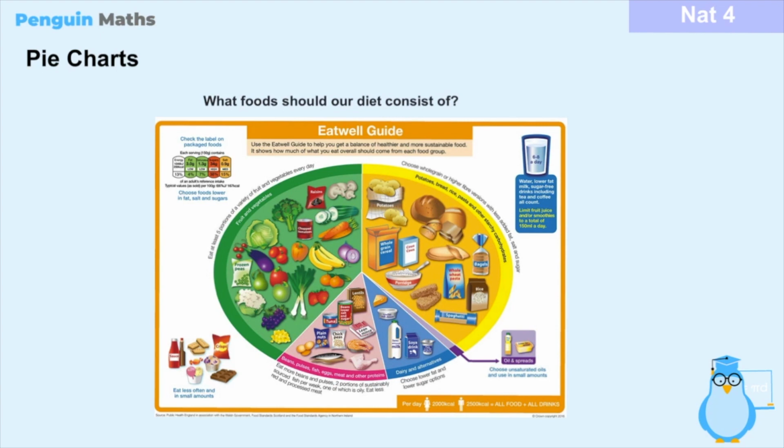And we can clearly see that this category here, with fruits and vegetables, make up the largest proportion of the pie chart, followed by the whole grain sector. And then going smaller again, we have this meat and protein sector, and then the dairy sector, and then finally the little small amount within here consists of oils and spreads. So this is just another example of a pie chart that we can see in our everyday lives.